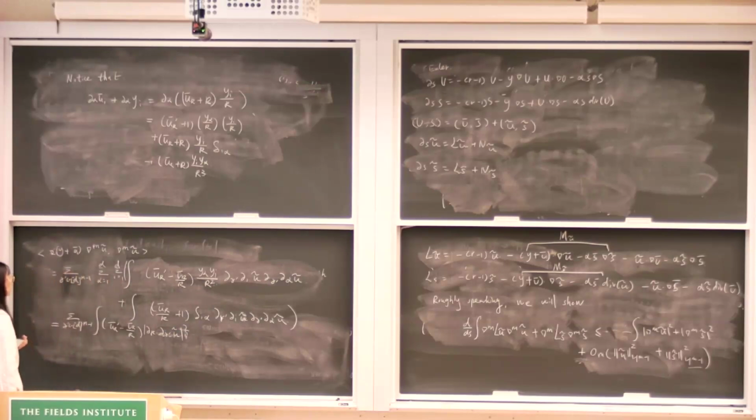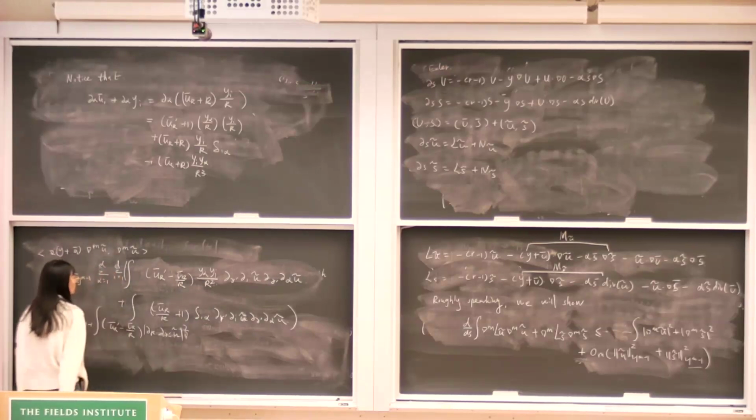And what about the second term? The second term is only non-vanishing when I is equal to R. So this is in principle this thing.